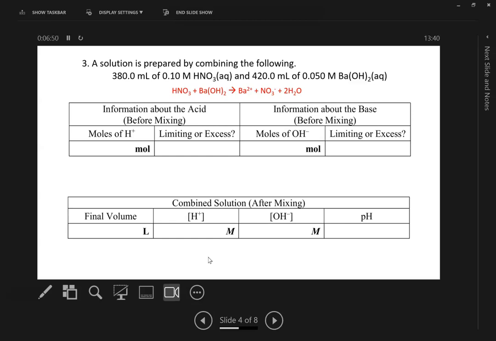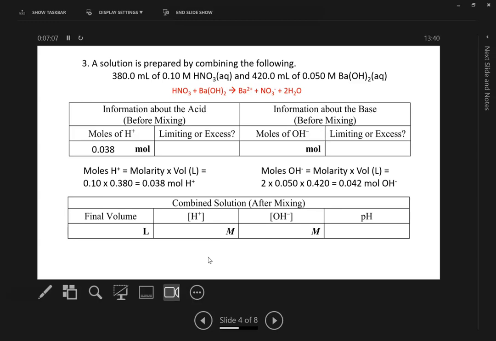Again, we set up our table. We look at our concentrations. We compute the number of moles of H plus as molarity times volume, and I get 0.038 moles of H plus, so I put that in the table. In the base, I'm going to have to multiply my answer by 2 because I get 2 hydroxides for every mole of barium hydroxide.